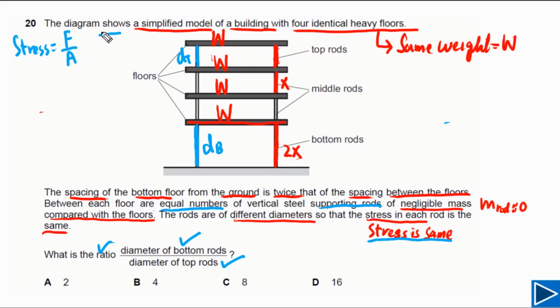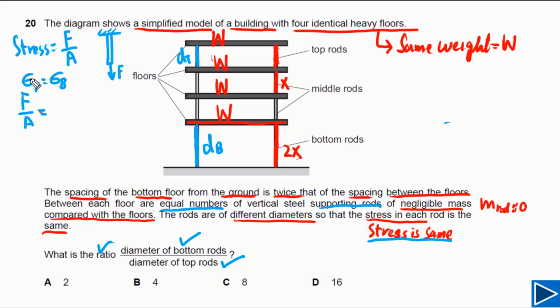Let's say we have one rod hanging here, and the cross-sectional area of this rod is A. If I apply force F on this rod, then stress is equal to F over A. For this question, the stress in the top rods and the bottom rods is the same, so we can write the formula for the top rods and for the bottom rods.